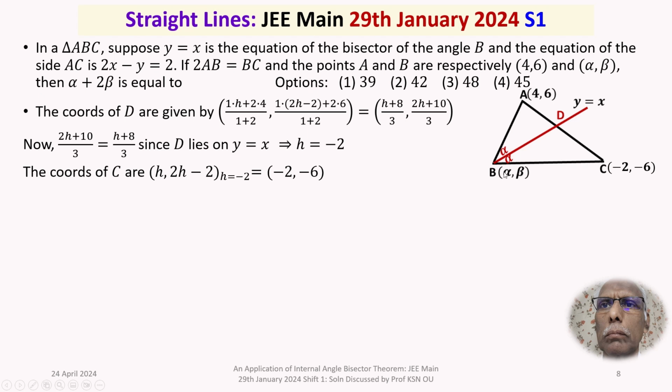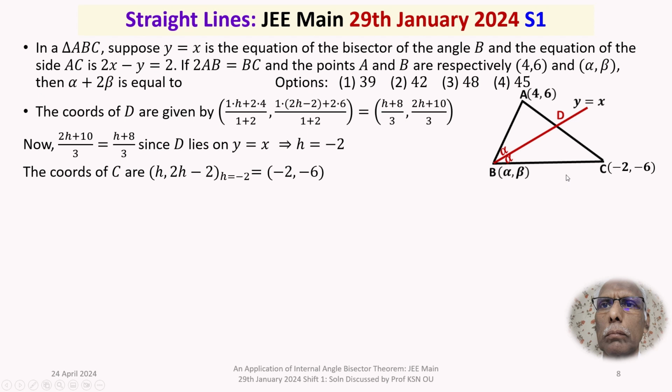But now the coordinates of B are given to be alpha comma beta, and we are required to find alpha plus 2 beta. How to find it? Again we will use the fact that the angular bisector of the angle B is y is equal to x, and that 2 times AB is equal to BC.